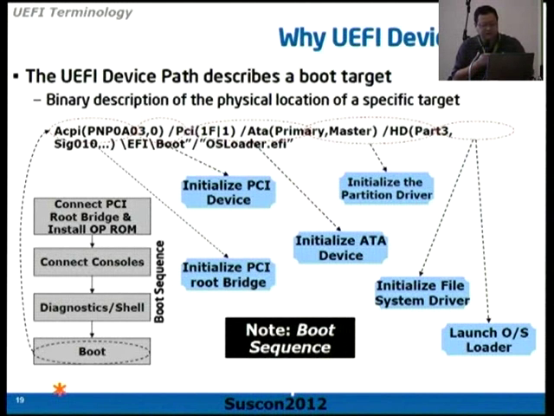In this particular case, PNP 0A03 is telling me it's on a root bus bridge, which is bus 0. That's what the second byte, after the comma, is. 1F1 is the specific PCI device where the SATA controller is, and it's using the primary master controller of the SATA controller, and then partition 3 is where the EFI system partition is, and it's in a directory called /EFI/boot/osloader.uefi.